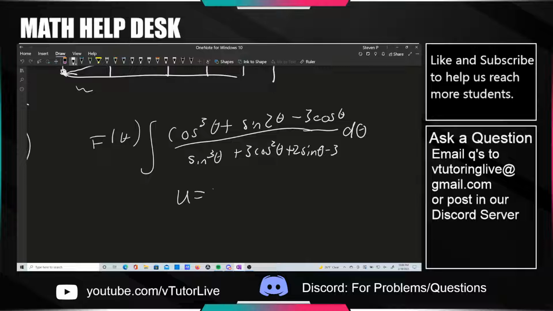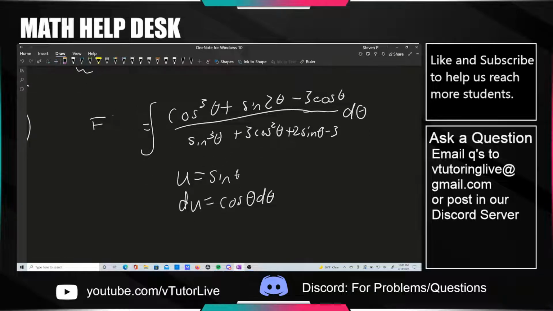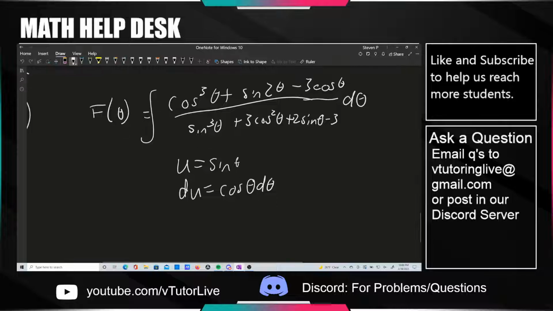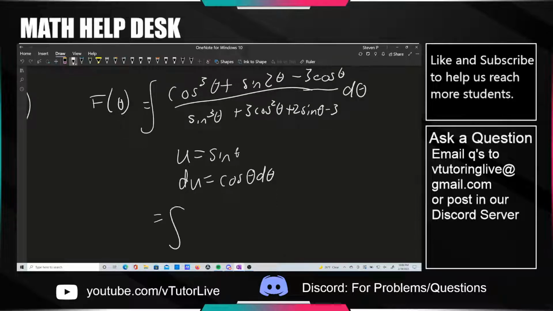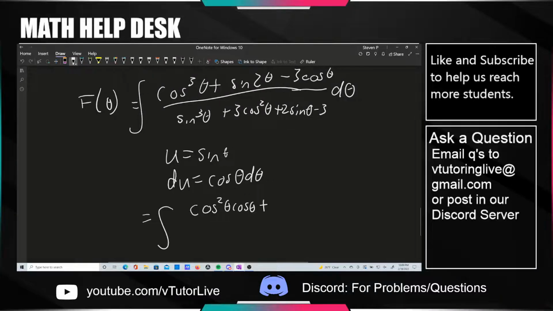They suggest you use a little bit of u substitution where u is equal to sine theta. So therefore du is equal to cosine theta d theta. And I'm just going to quickly show the substitution just a tiny bit to get you the idea, but rest assured that things are going to work out really nicely. So up the top here, this just becomes cosine squared of theta times cosine theta plus, now the double angle identity is sine 2 theta is equal to 2 sine theta cos theta.